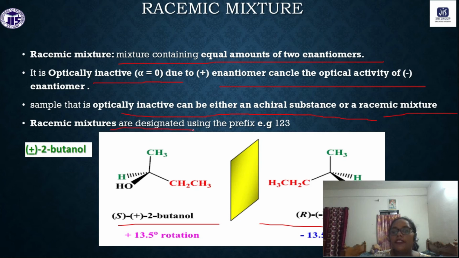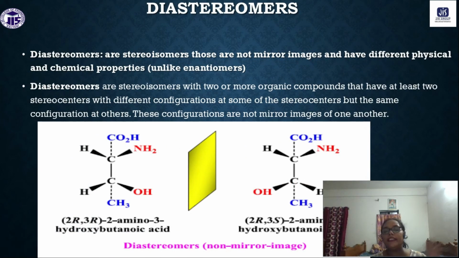Racemic mixtures are designated using this example. This is 2-butanol, right? This is the mirror image of the 2-butanol, you can see. So this 50% will be produced, and because in this solution we have both materials, it is optically inactive.